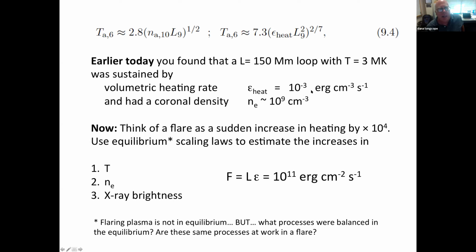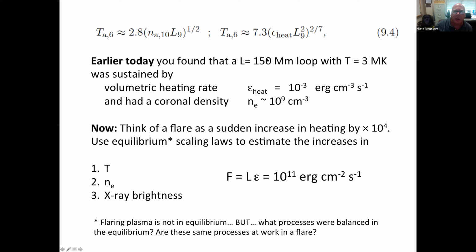My question then is, using these scalings, someone can just shout out the answer. If I increase epsilon by a factor of 10 to the 4, how much roughly is the temperature going to increase if I stay in these equilibrium scalings? We're going to see that, while it's not in equilibrium, these scalings are pretty useful for understanding flares.